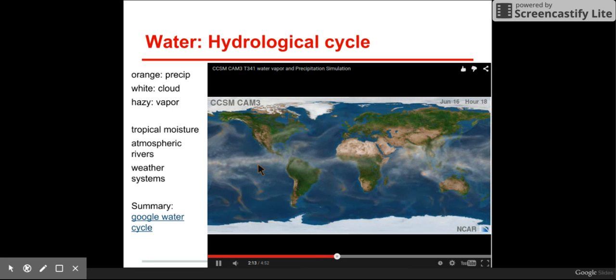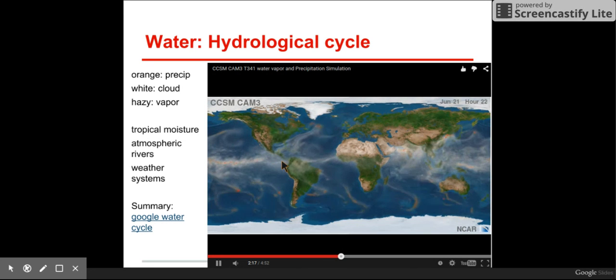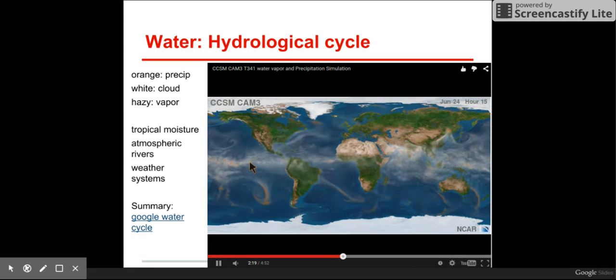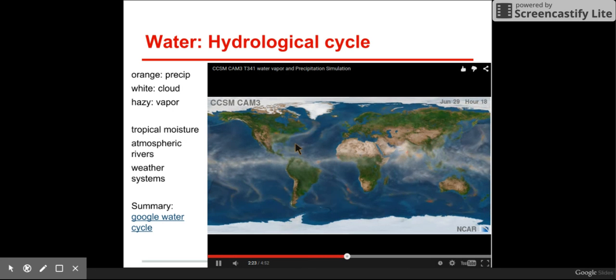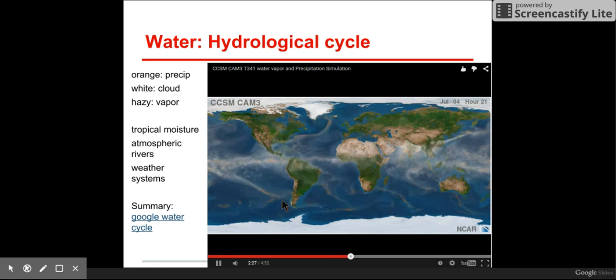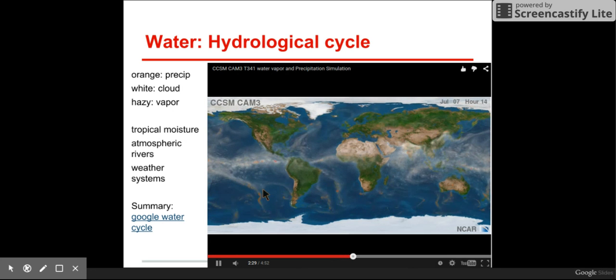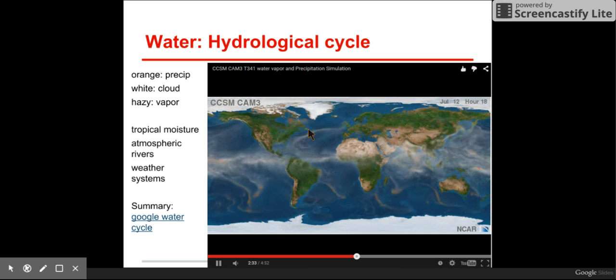You will also notice here things called atmospheric rivers, in which water vapor is taken from this tropical source and transported towards the poles. You'll see that in the southern hemisphere with these little wisps of water vapor here, as well as in the northern hemisphere with these wisps of water vapor here.